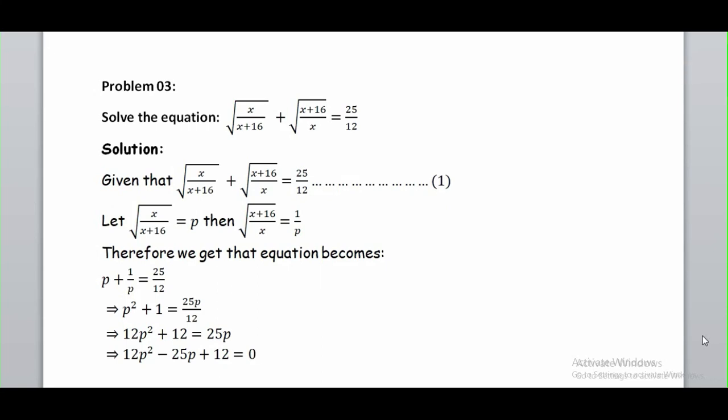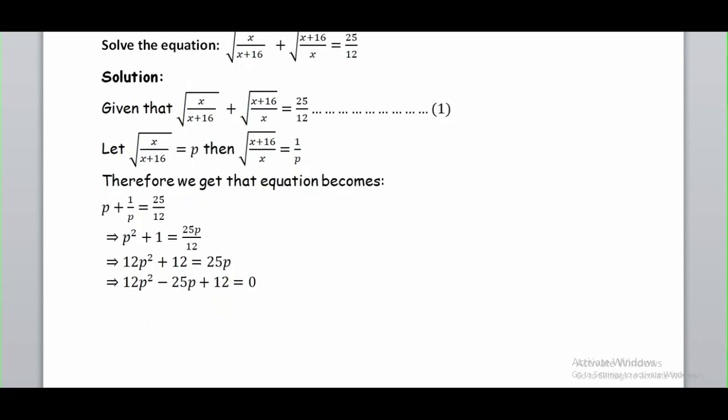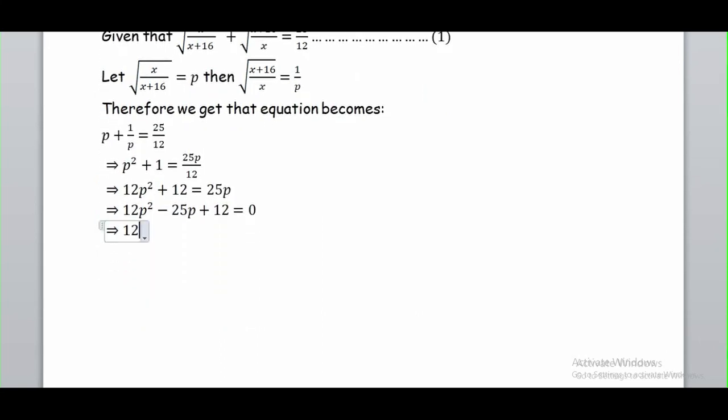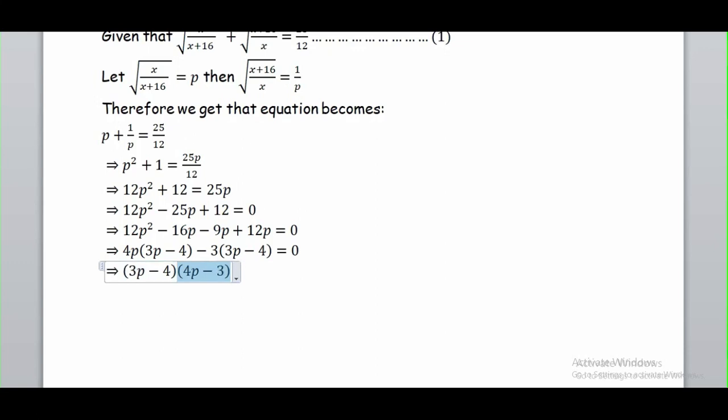So I will prefer using the middle term: 12p² minus 16p minus 9p plus 12 equal to 0. By this way you can take 4p as common and minus 3 as common, and then we'll get (4p minus 3)(3p minus 4) equal to 0.